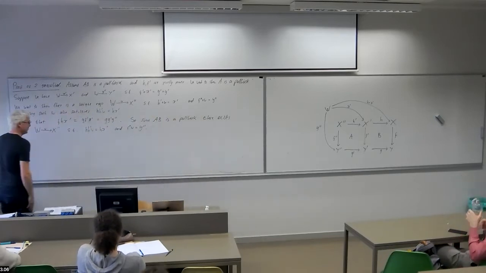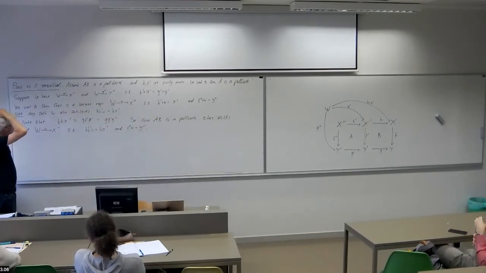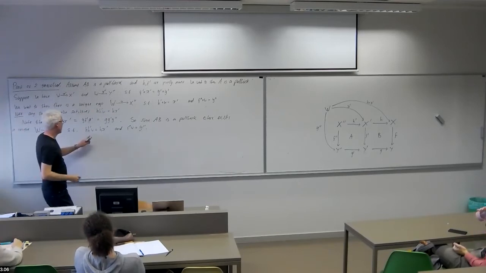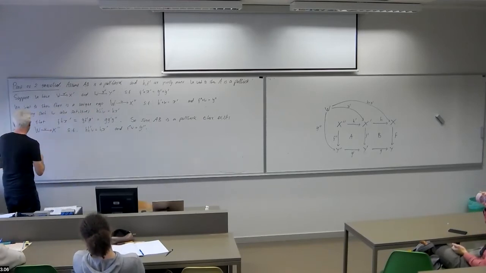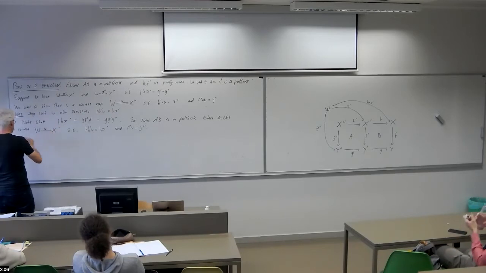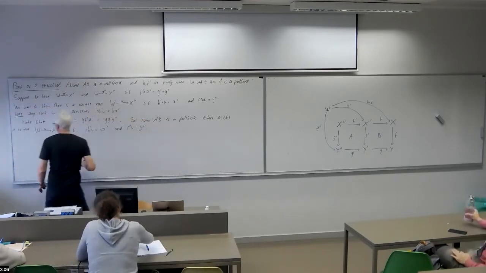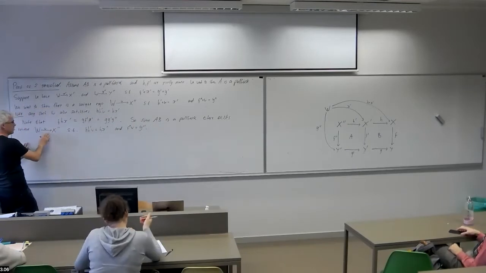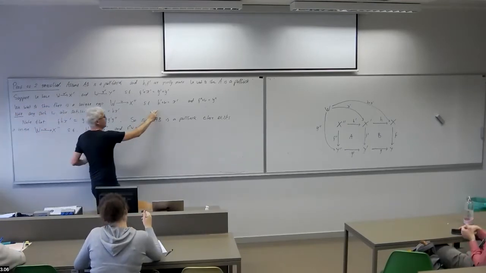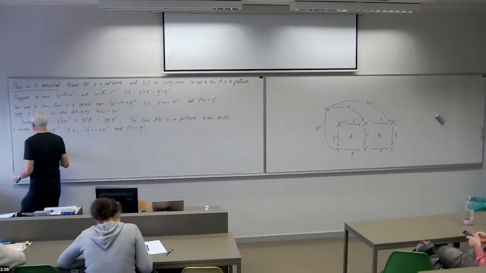Now, anyway, this is nothing to do with category theory, but by what we noted above, in order to show there's a unique W that satisfies the two properties we want, we just need to show that the W we've got actually satisfies the property that we don't know it satisfies.